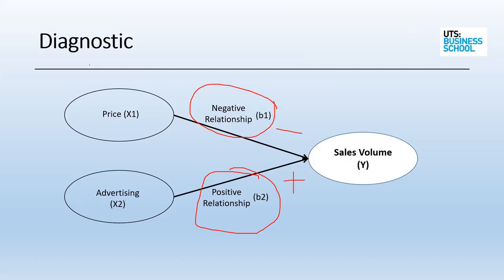So diagnostic analytics will do exactly that for you. It is going to confirm or validate your conjectures or hypotheses. So I can run a model and see whether indeed the effects are along the directions that we are expecting. And if they are along that direction, what is the magnitude of that effect?